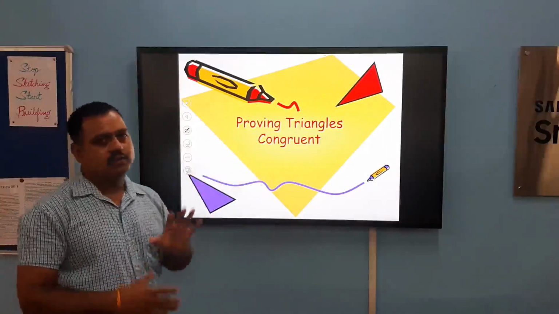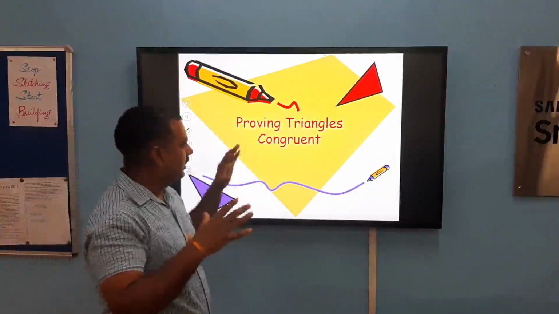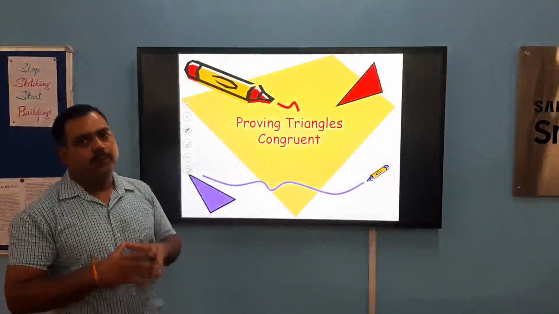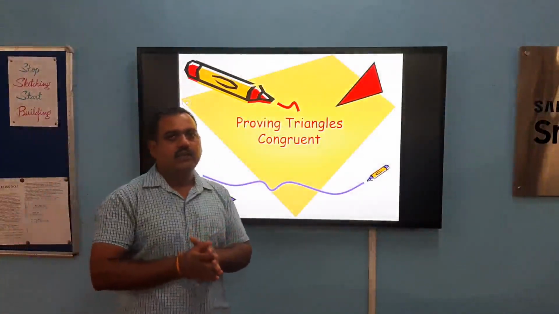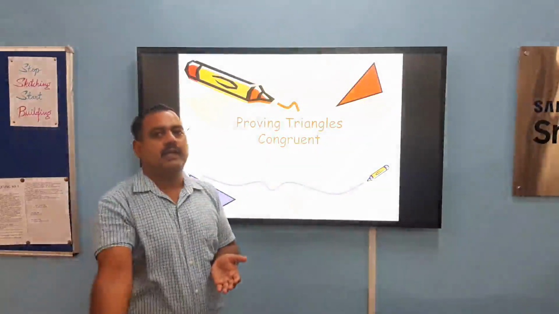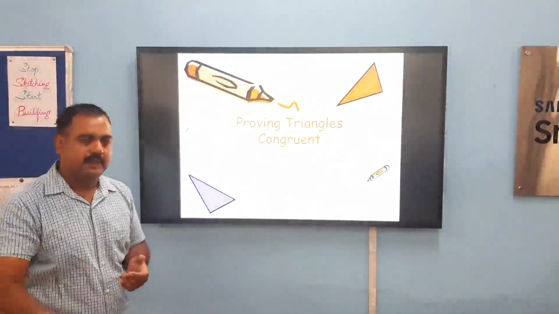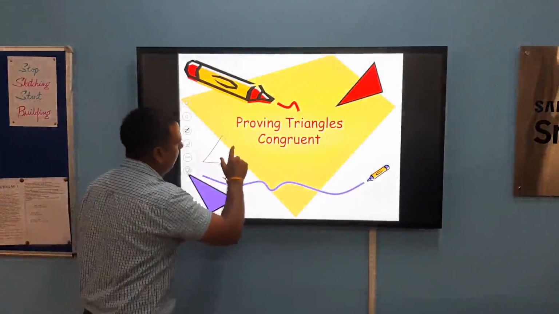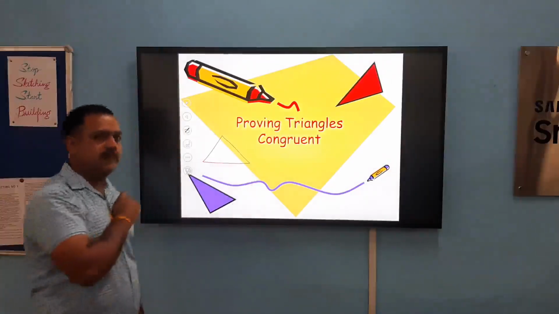Now, proving triangles congruent. This is our main topic. To prove two triangles congruent, we need to prove all the parts of one triangle equal to the parts of the other triangle. We know that every triangle has 6 parts.